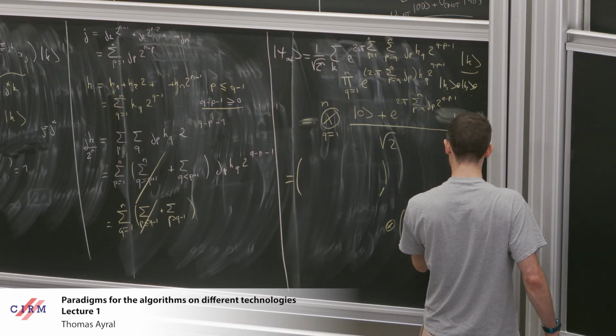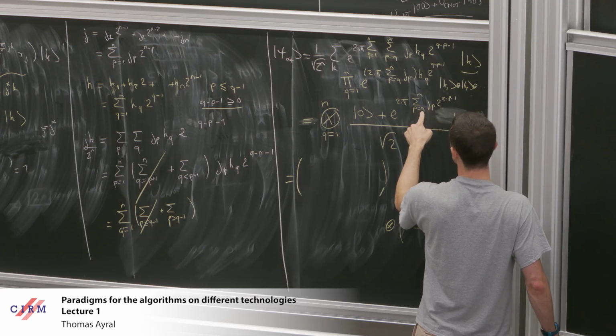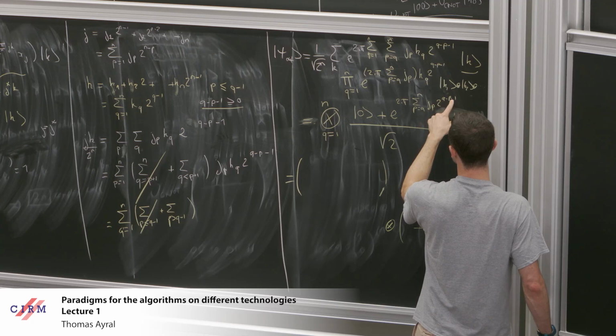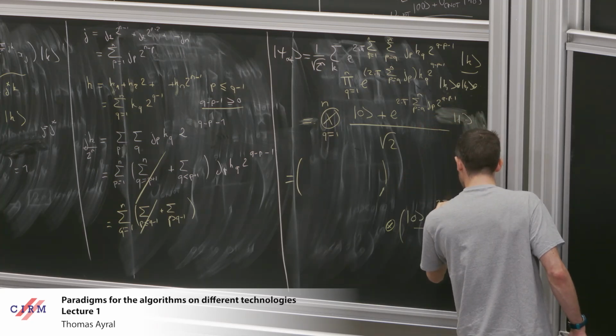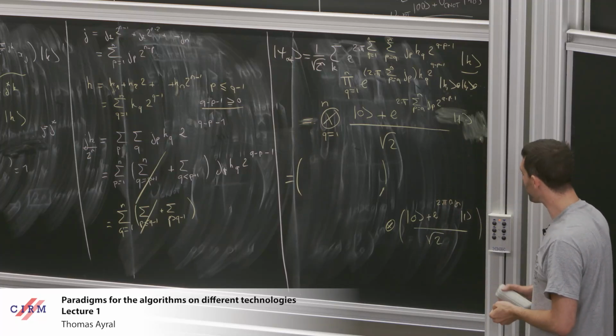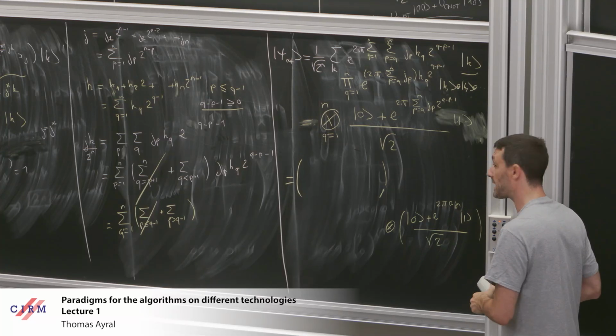Exponential of 2i pi, and jn, so I have p equals q equals n, so n minus 1. Is it fine? Probably you see better than me at this point on the board. Do you agree that it's this guy, 0.1 jn?